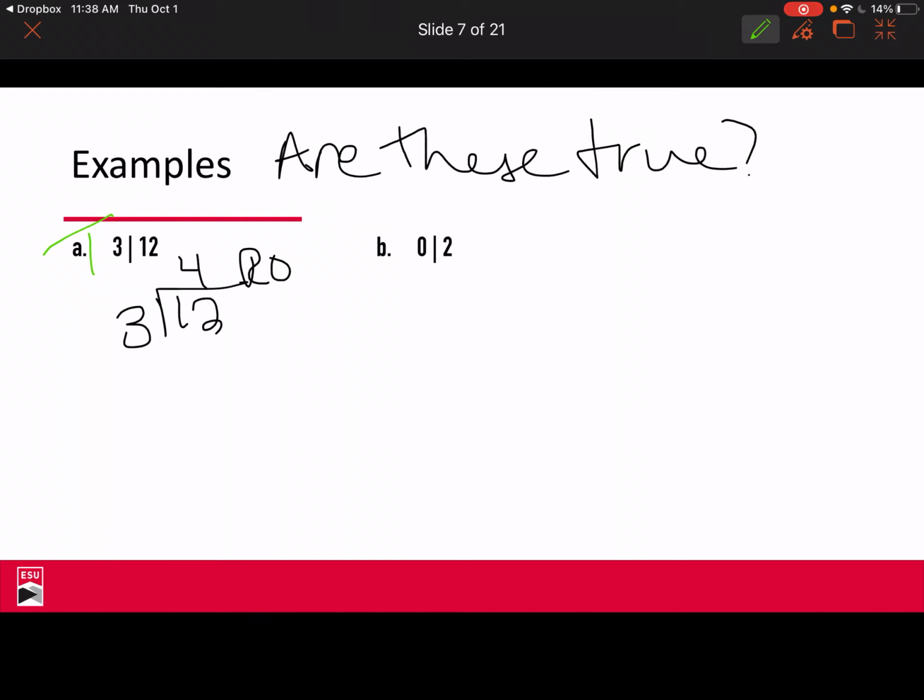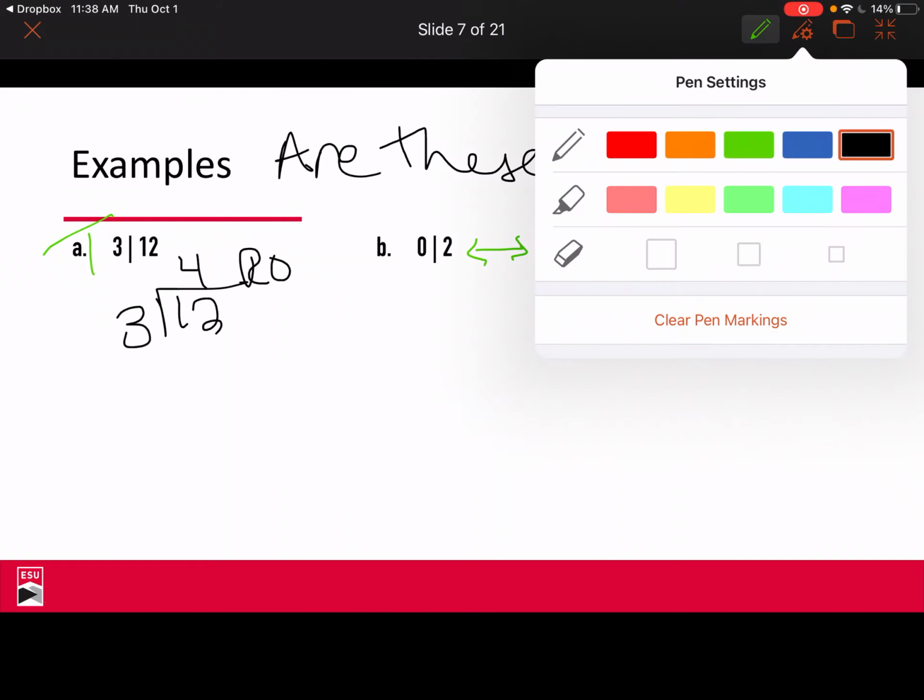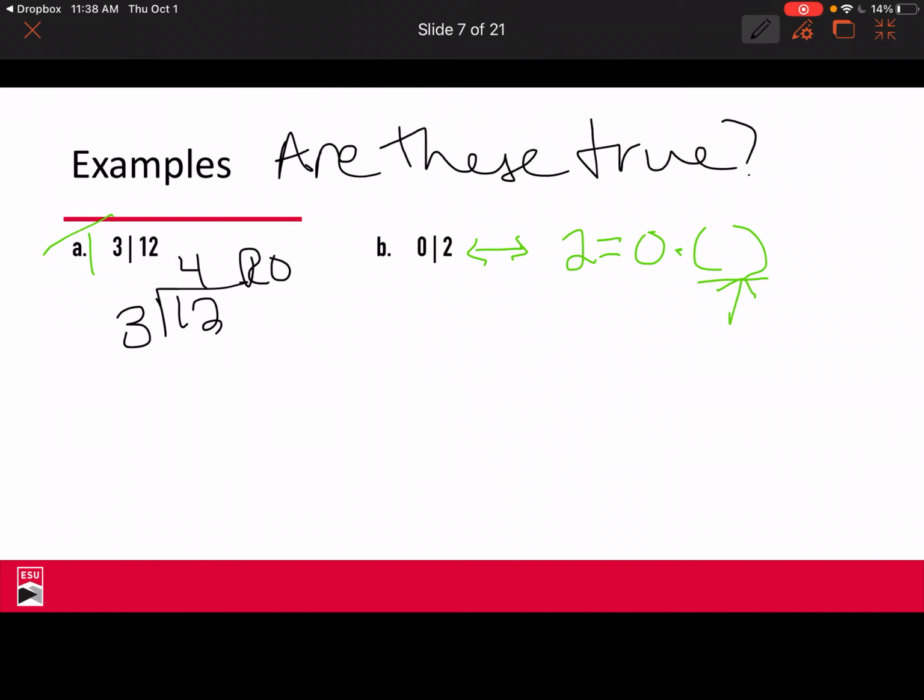Does 0 divide 2? Let's use our equivalent statement. If 0 divides 2, there's some number such that 2 equals 0 times something. Is there anything we can put into that blank to get us 2? The answer is no. So this one is false.